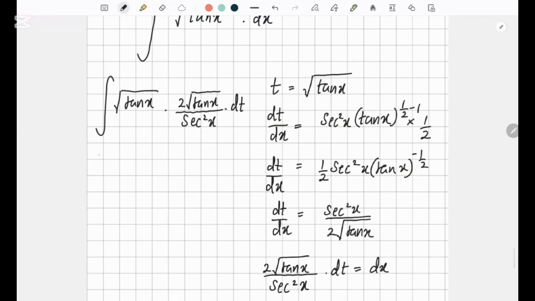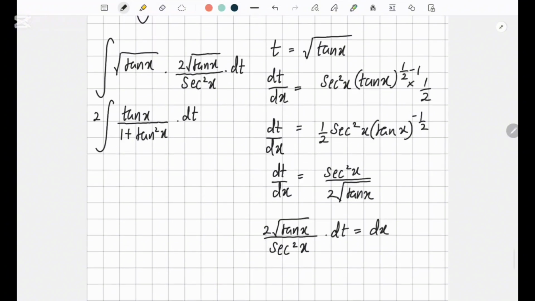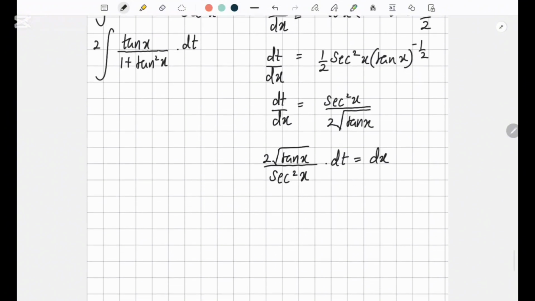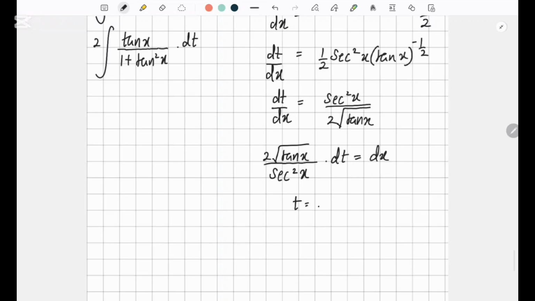Okay, so now you can take the 2 out, and you have tan x over, because root tan x into root tan x will give you tan x, and sec squared x you can write as 1 plus tan squared x, right? dt. So what you can do now is, you had t equals root tan x.